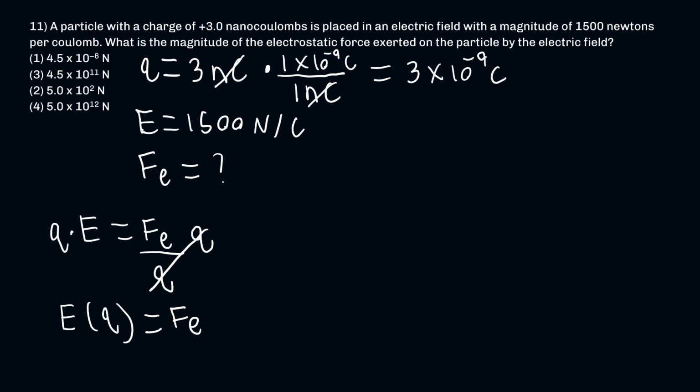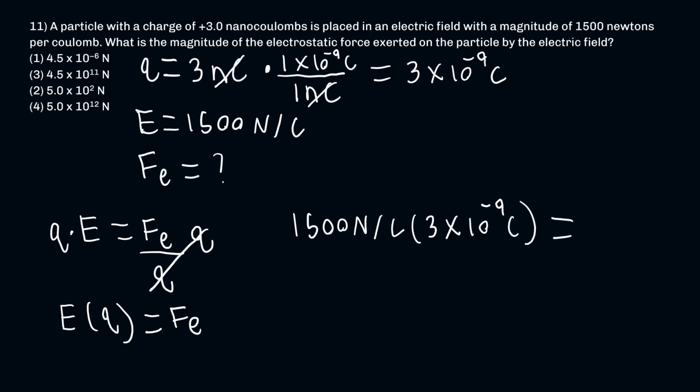So electric field strength here is 1500 newtons per coulomb. That is then going to be multiplied by our converted value from nanocoulombs into coulombs. That is 3 times 10 to the negative ninth coulombs.